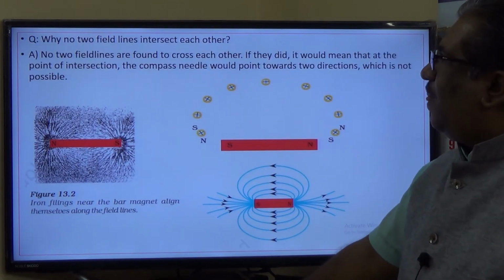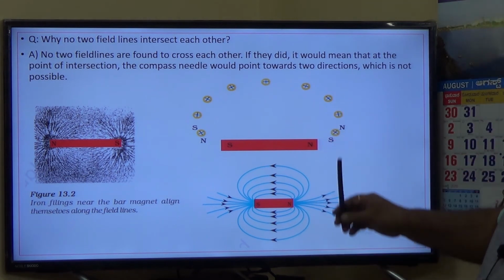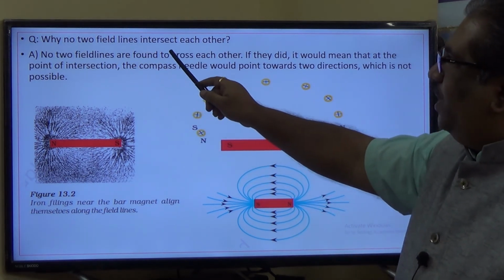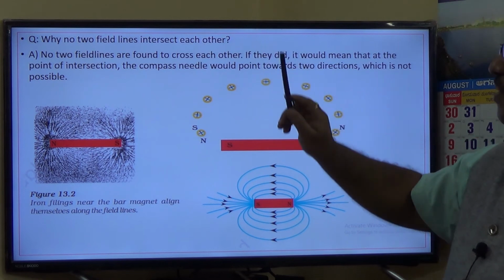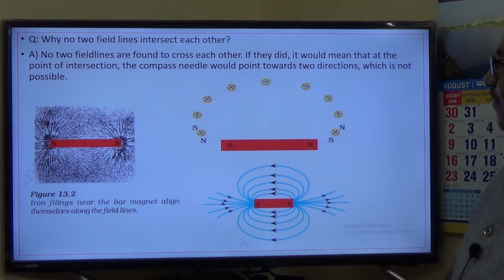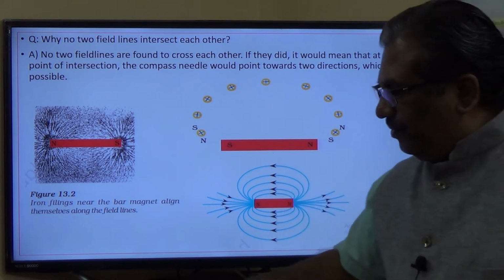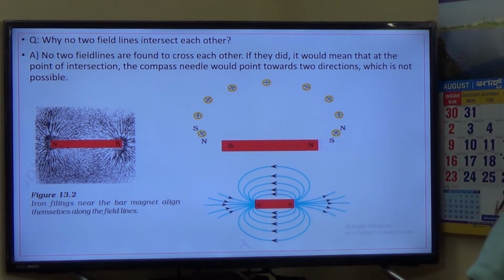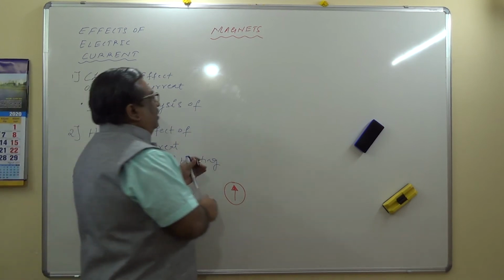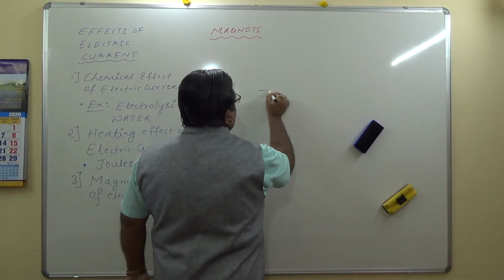Next, here there is a question: why do no 2 field lines intersect each other? Very important, this question generally appears. See here, I'll explain this on the board and then it is better to understand. Let us consider a bar magnet.